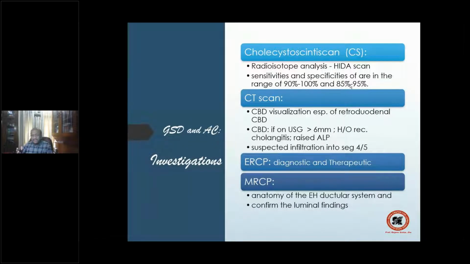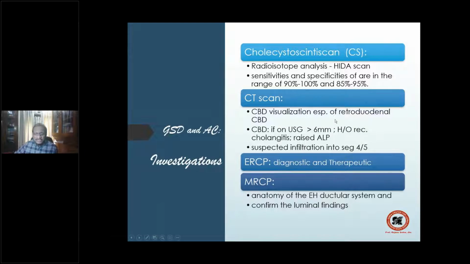Number one, you want to target the retroduodenal part of the CBD where you're suspecting some pathology, or you got a CBD diameter more than 6 millimeter, a history of recurrent cholangitis, a raised ALP, and suspected infiltration into segment 4 and 5, where you're suspecting a carcinoma which is behaving as an acute cholecystitis. So these are the only scenarios where a CT scan becomes mandatory in the diagnosis of acute cholecystitis.